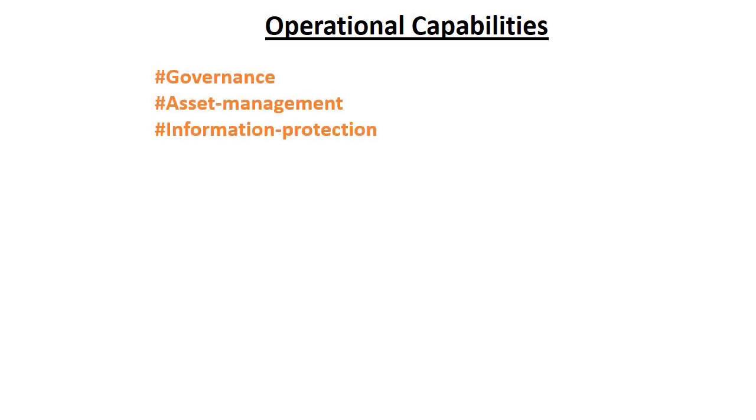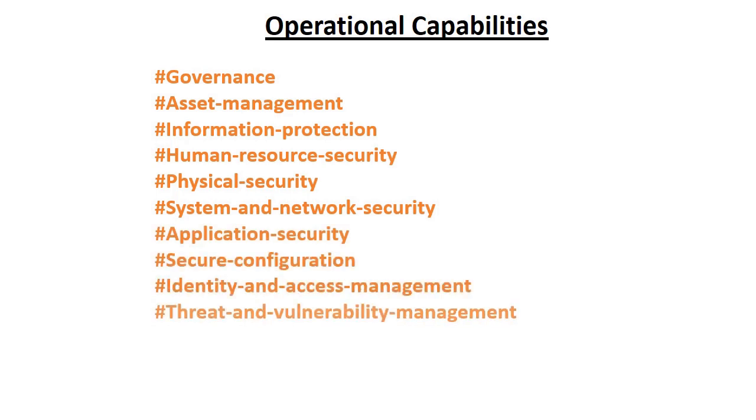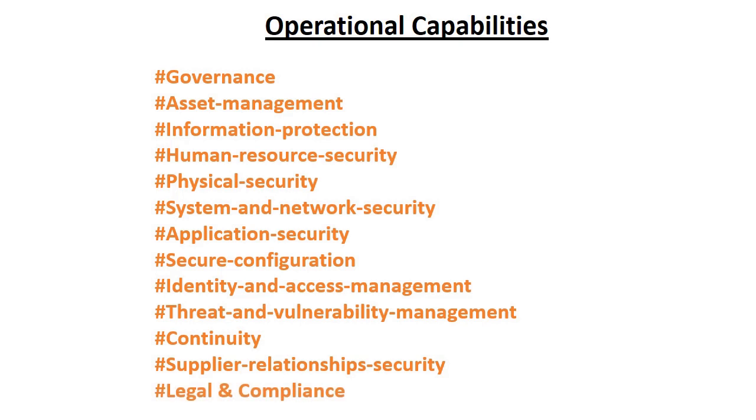And the operational capabilities attribute is nothing but A.5 to A.18. These are governance, asset management, information protection, human resource security, physical security, system and network security, application security, secure configuration, identity and access management, threat and vulnerability management, continuity, supplier relationship security, and legal and compliance.